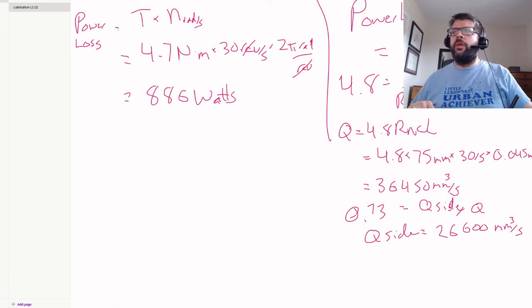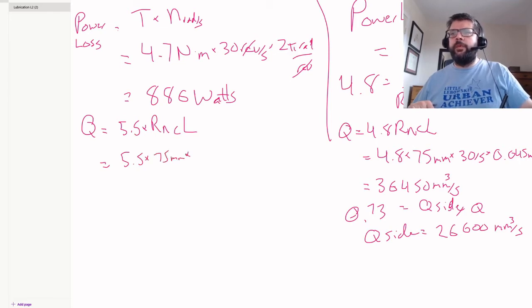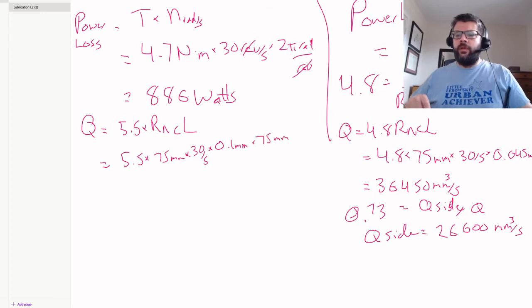So our Q is going to be equal to 5.5 times R N C L, which is 5.5 times 75 millimeters times 30 per second times the clearance for this one, 0.1 millimeter, and the length is the same at 75 millimeters.